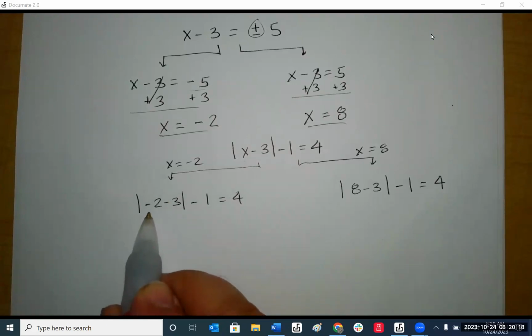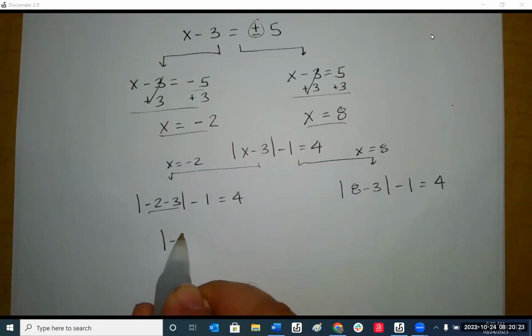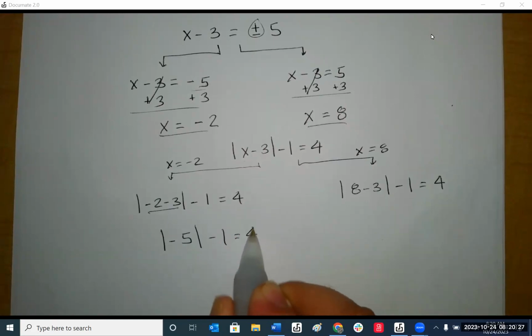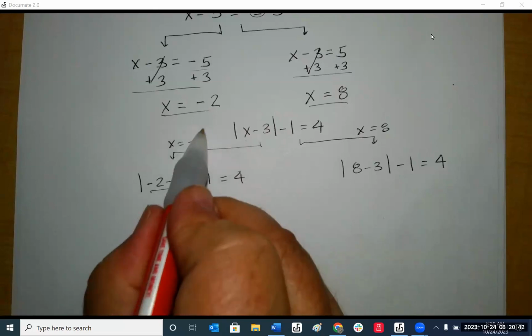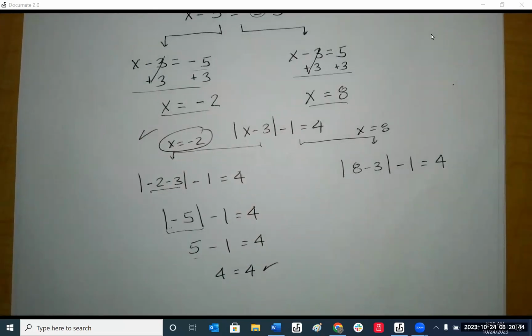So inside the absolute values, we have negative 2 minus 3. They're both negative. 2 plus 3 is 5. The absolute value of negative 5 is positive 5. 5 minus 1 is 4. So that's a good answer.